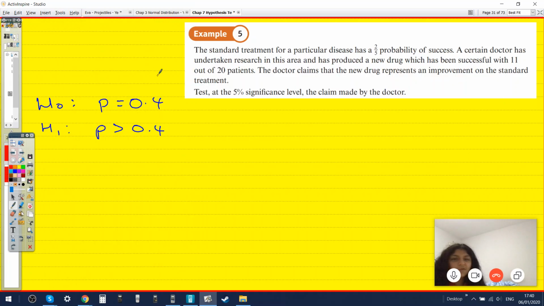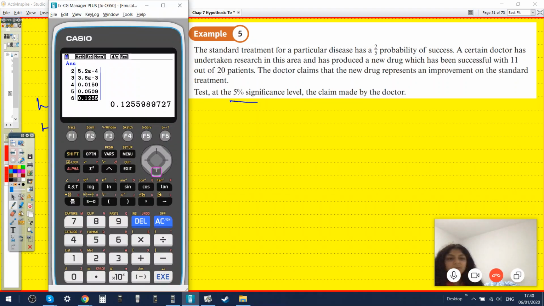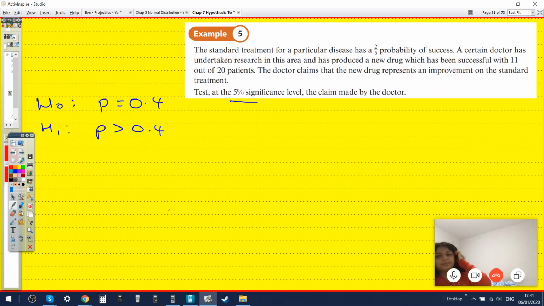And then do you find the probability that x is equal to 11 or greater than 11? So we can go down to 11. But would it be greater than or equal to? Would it be the probability that x is equal to 11 or the probability that x is greater than? It would be 11 or more. Yeah, okay, greater than or equal to.